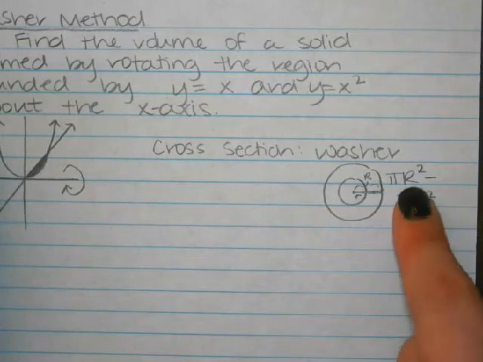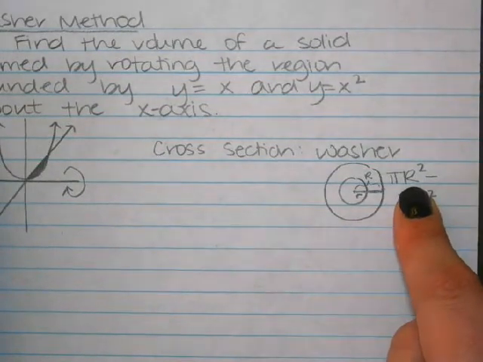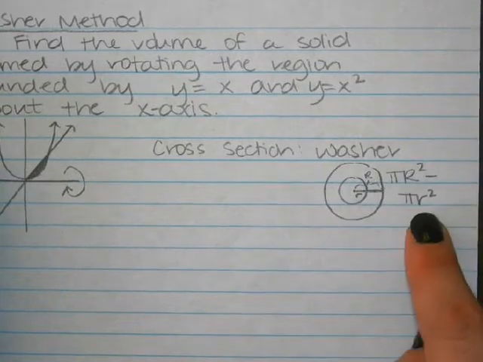So big R is the radius based on what's furthest from the axis of rotation. Little r is the radius based on what is closer to the axis of rotation. Okay?